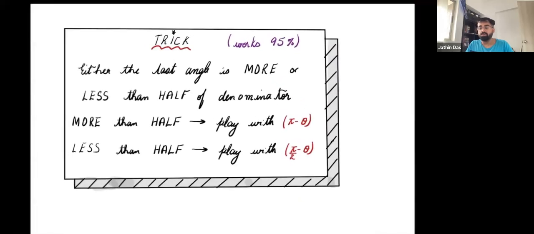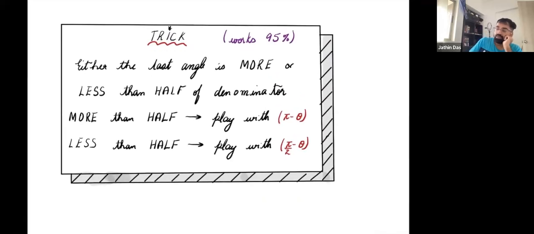You can just write it as a note. Okay, if the last angle is more than half of the denominator or less than half.